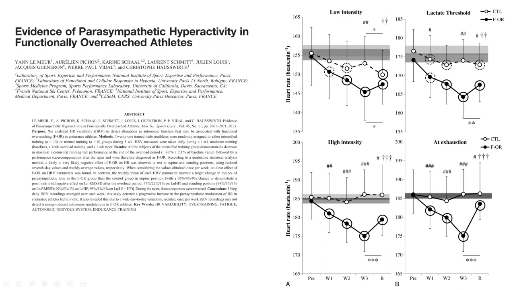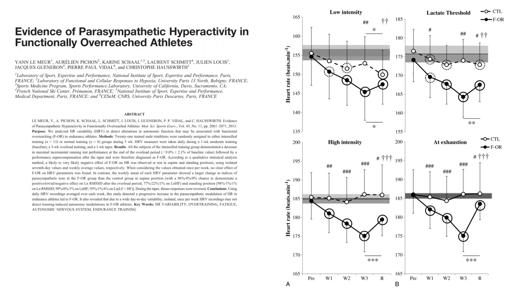They tended to all go down a bit in heart rate, but the overreaching athletes at low intensity, at threshold, at high intensity, and even at max, all had lower heart rates. So if you were just looking at the low intensity responses, you might conclude they're fitter because their heart rate is lower.